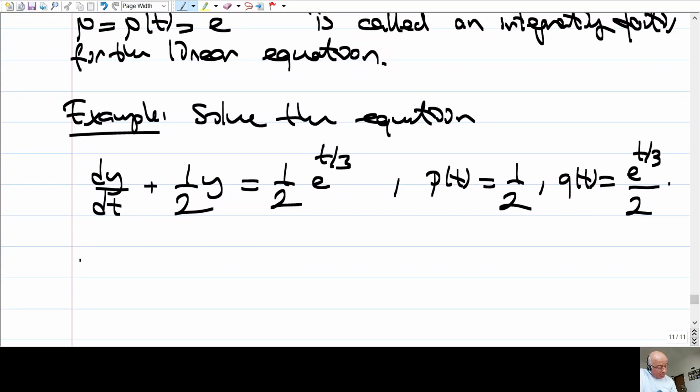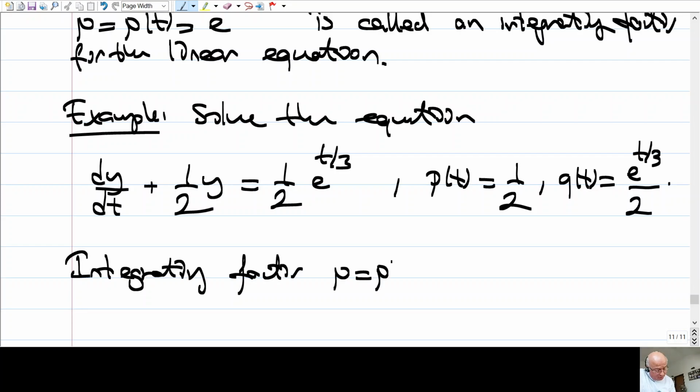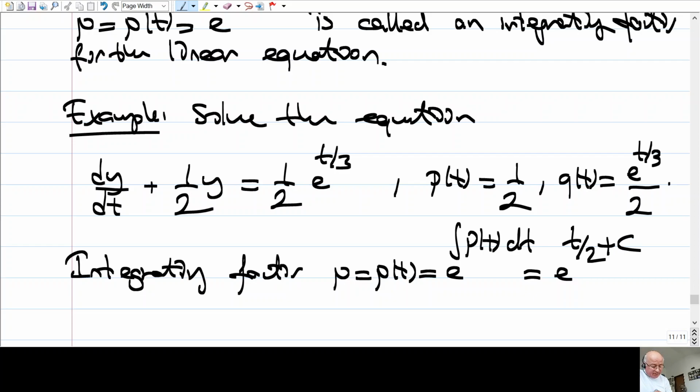Well, we find our integrating factor mu(t), and what was that? I can take, for example, the integral of 1/2, which is just t over 2 plus c, right?